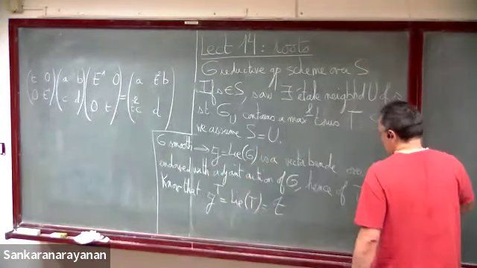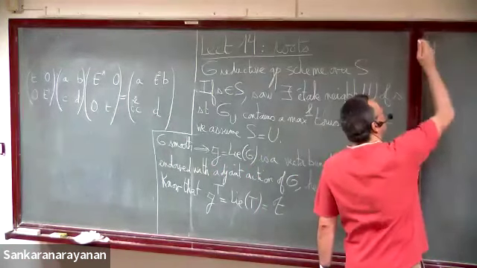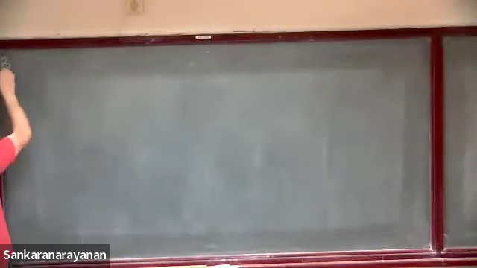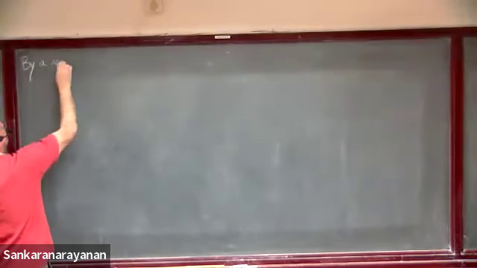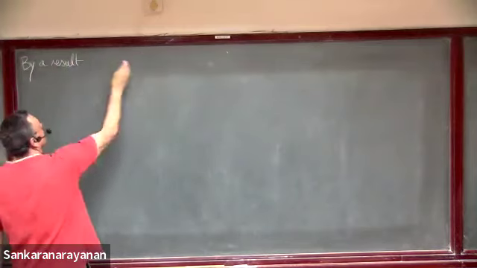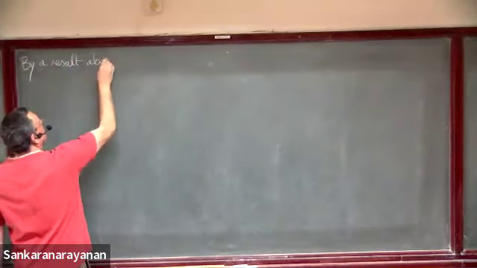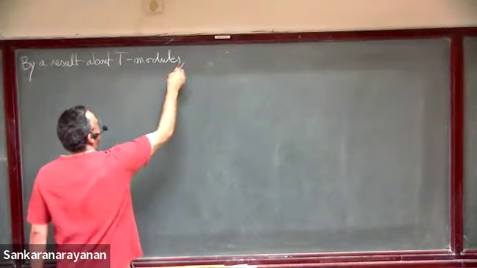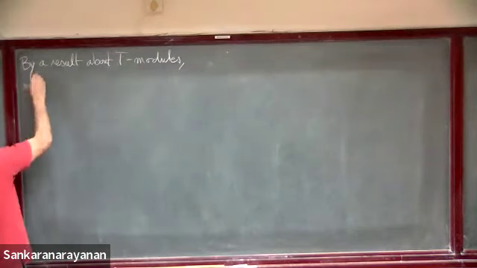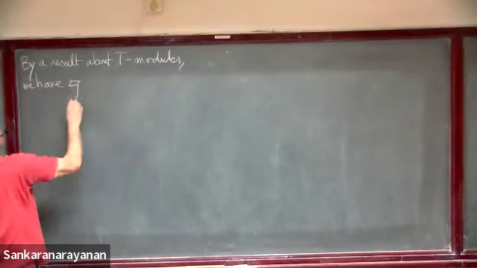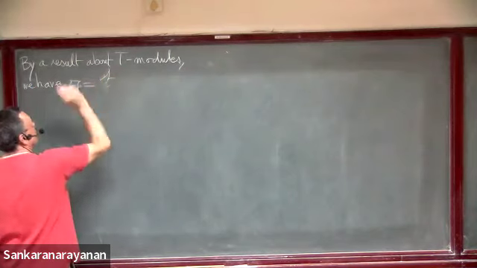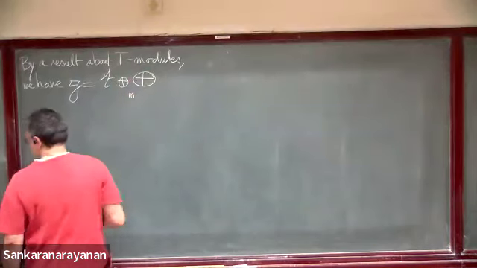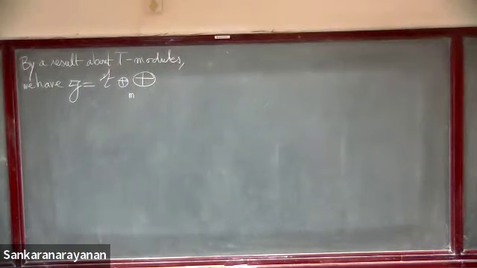And hence, by a result that we saw about a representation of a torus, we have that the Lie algebra is a direct sum.